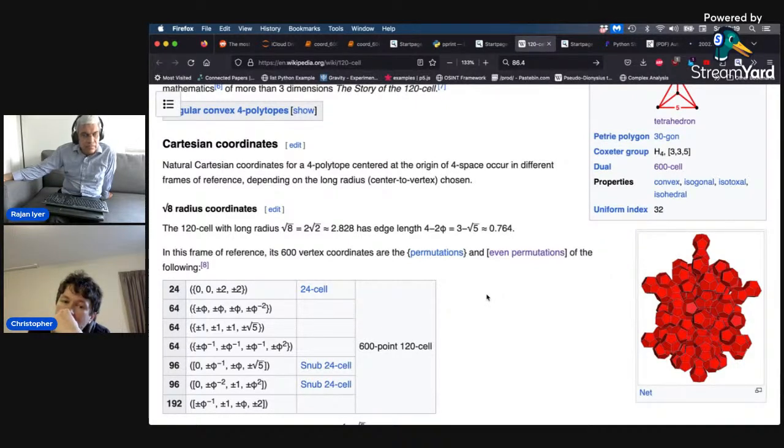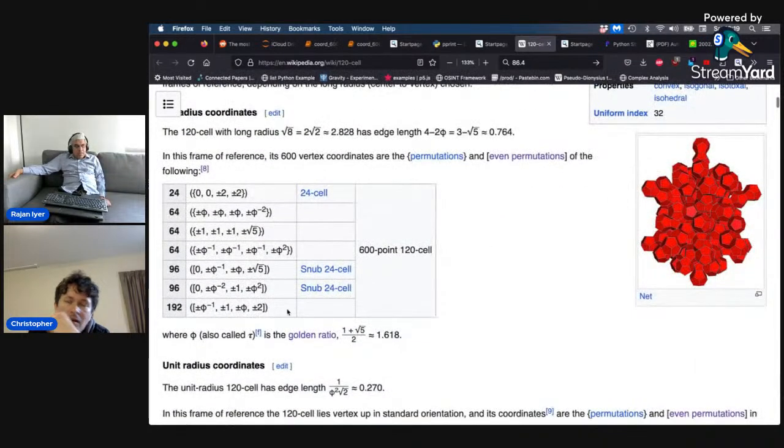Now, I'm using Cartesian coordinates, I believe. The whole thing is that we're going to take this 4-dimensional lattice, it's not a lattice, polytope. Well, it is a lattice of a kind.